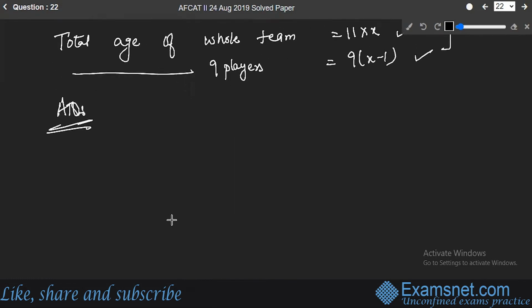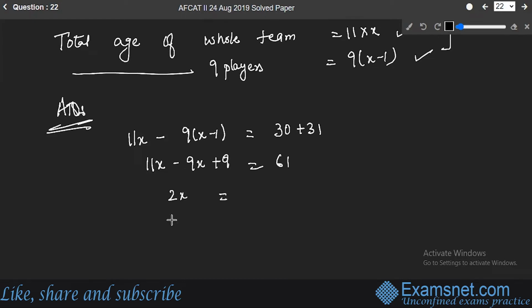Let's write this thing. According to the question, 11x minus 9 into (x minus 1) is equal to age of captain plus age of wicket keeper. Let's open: 11x minus 9x plus 9 is equal to 61. 2x is equal to 61 minus 9.